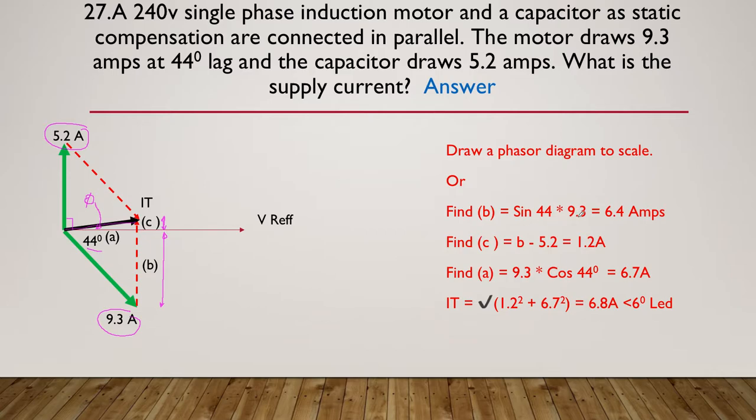Sine 44 times 9.3 means that it's 6.4 amps in length. So this is 6.4. And we know that the overall length is 5.2. So we take our 6.4 and subtract the 5.2. Should have drawn that all the way up there, shouldn't I? And we end up with our C being about 1.2 amps.